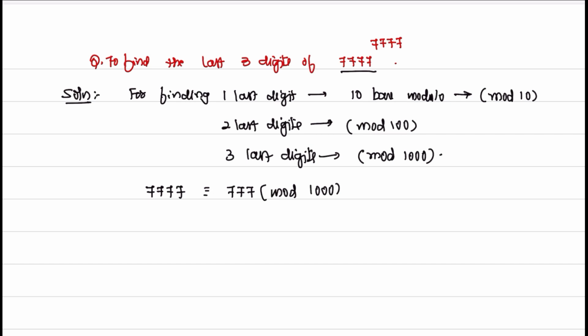Here, the GCD of remainder and mod, remainder is 777 and mod is 1000. If the GCD of remainder and mod is equal to 1, and here in this case it is equal to 1, Euler's theorem can be applied.